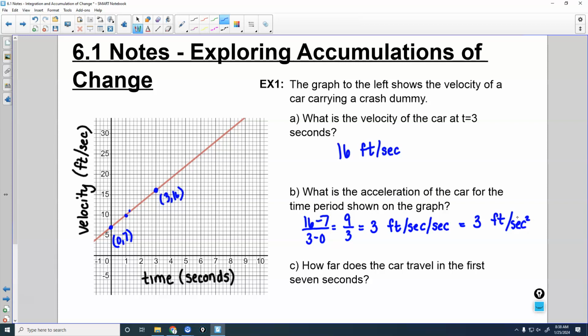But feet squared per second, you can have feet squared per second. That's a possibility. You would be talking about the area of something. So that's one reason I prefer feet per second. Okay, next part of this question. How far does this car travel in the first 7 seconds?